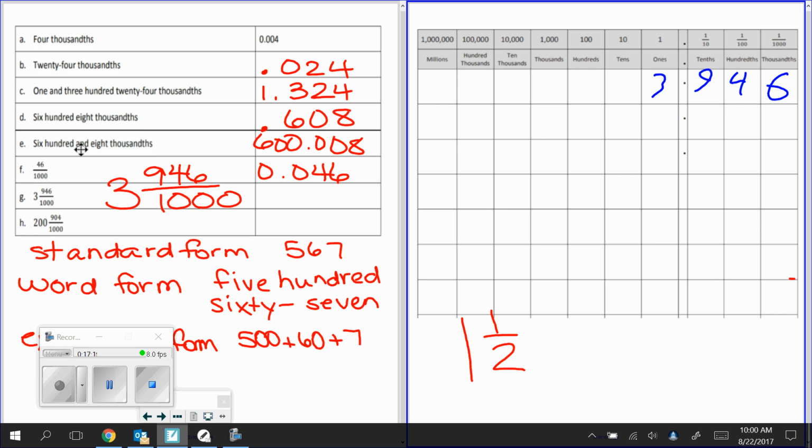Yes. 3 with the decimal, 946. 3 and 946 with 6 in the thousandths place. Yeah. Yeah.